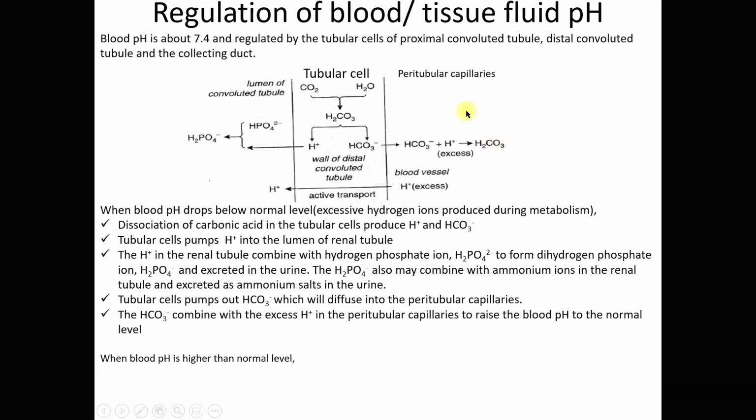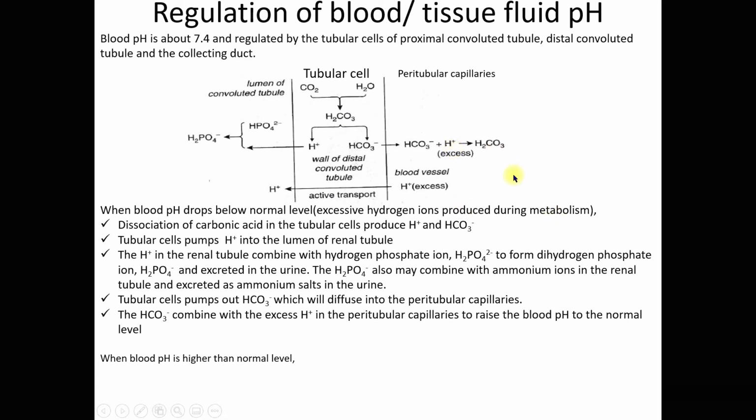Why does the blood pH rise to the normal level here? Because the excess hydrogen ions have already combined with the bicarbonate ions. So the concentration of hydrogen ions in the peritubular capillaries decreases. When the concentration of these hydrogen ions decreases, the blood pH will rise to a normal level.